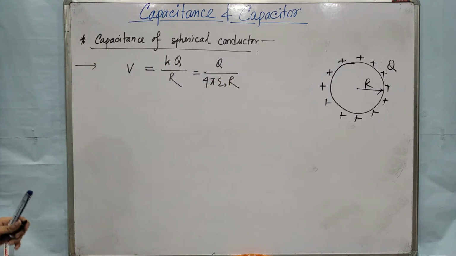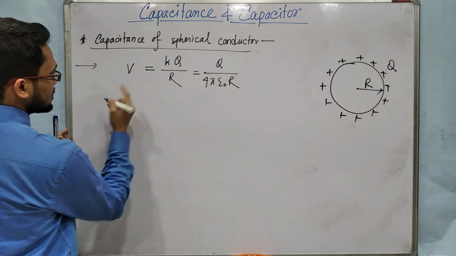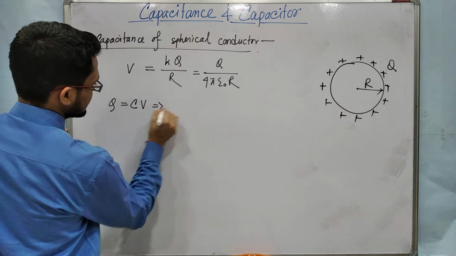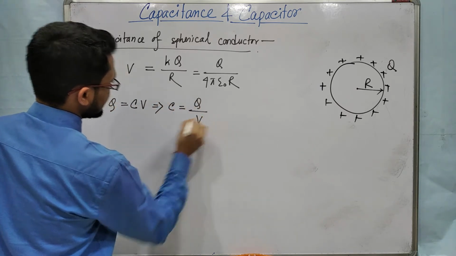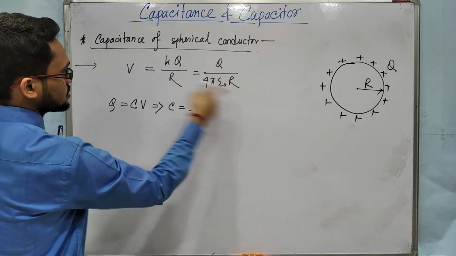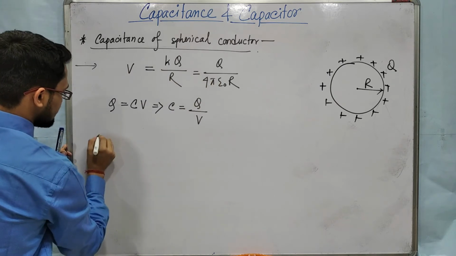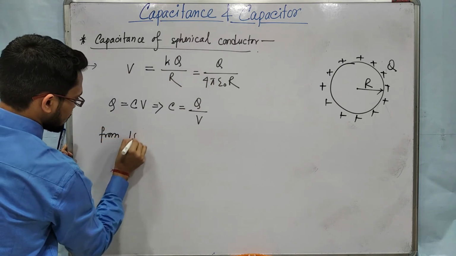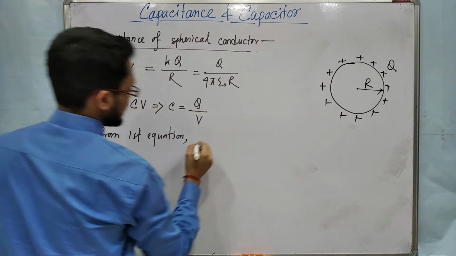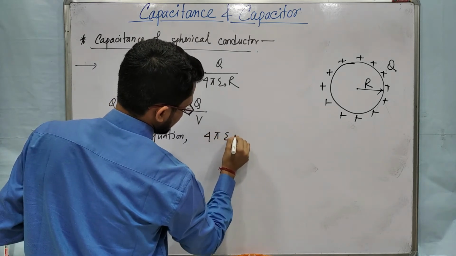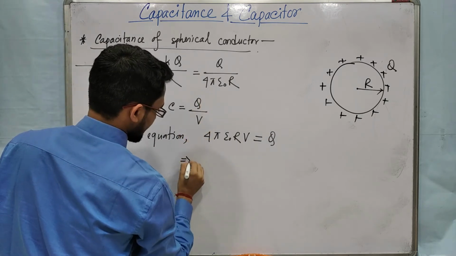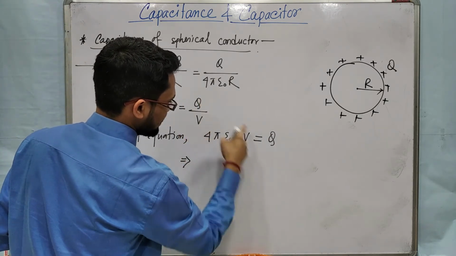Now what is the formula of capacitance? Use the relation Q equals CV, so C equals Q by V. From the first equation, 4 pi epsilon 0 r into V equals Q. Now we have to find Q by V. So Q by V equals 4 pi epsilon 0 r.